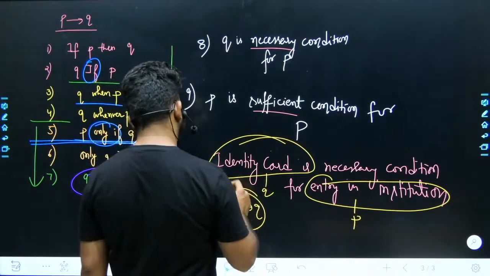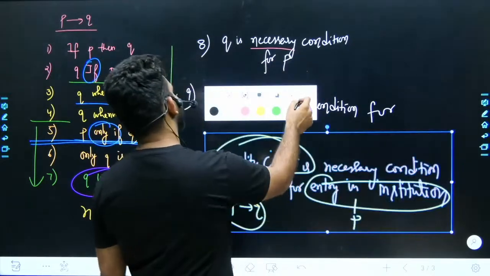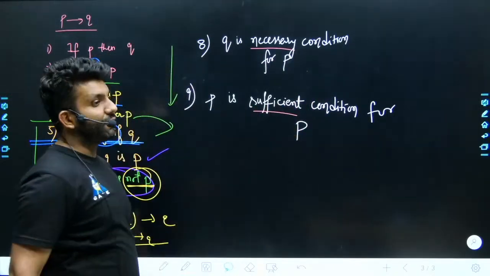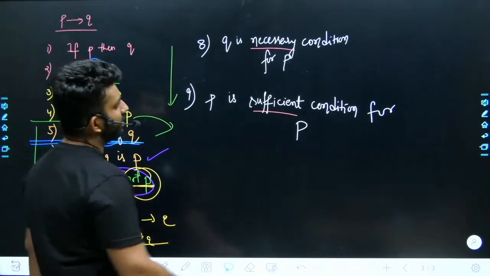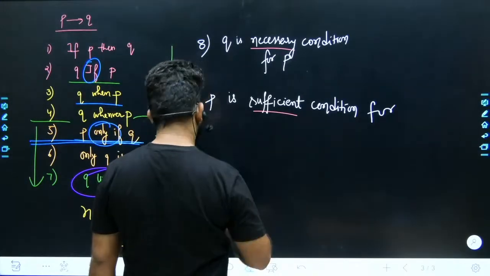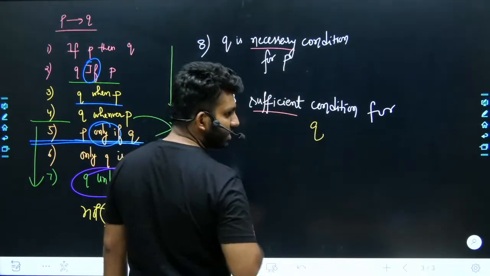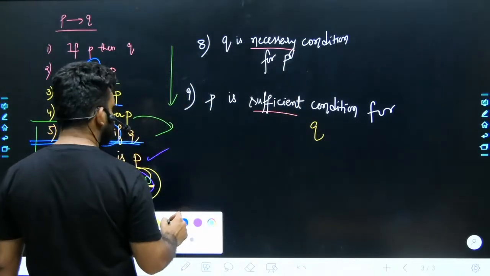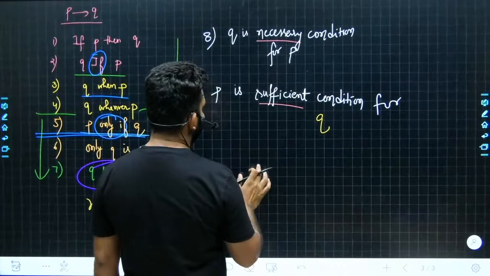What about this one? P is a sufficient condition for, sorry, I have written something. This has to be Q. Now what exactly is the difference, you'll be able to understand very soon. See this.